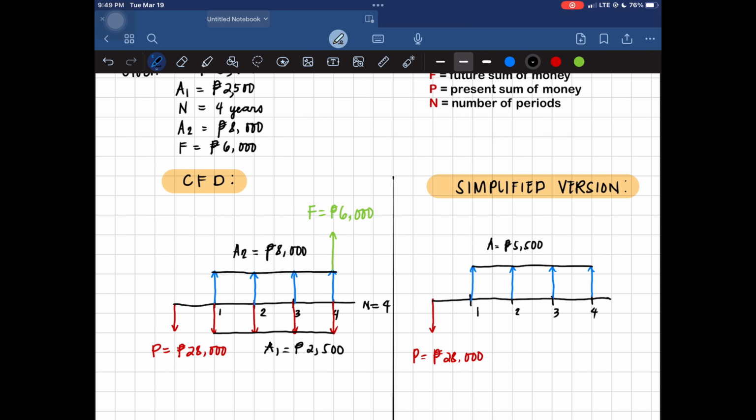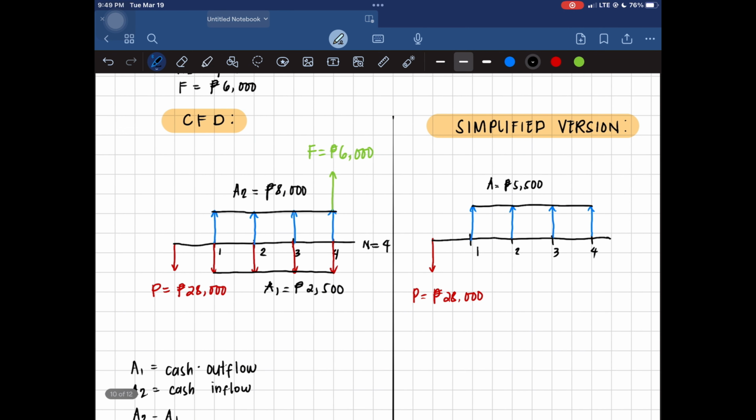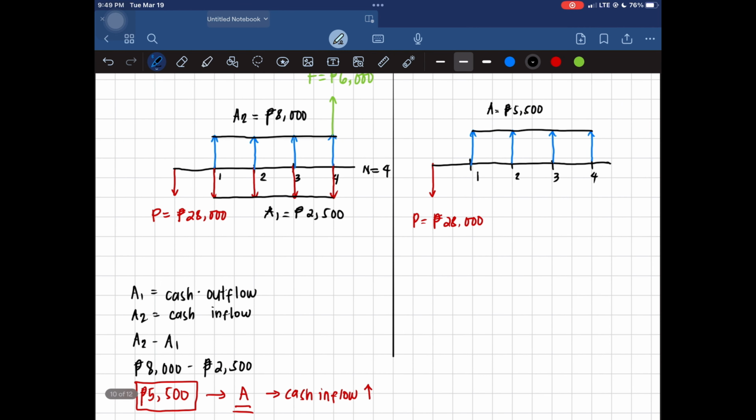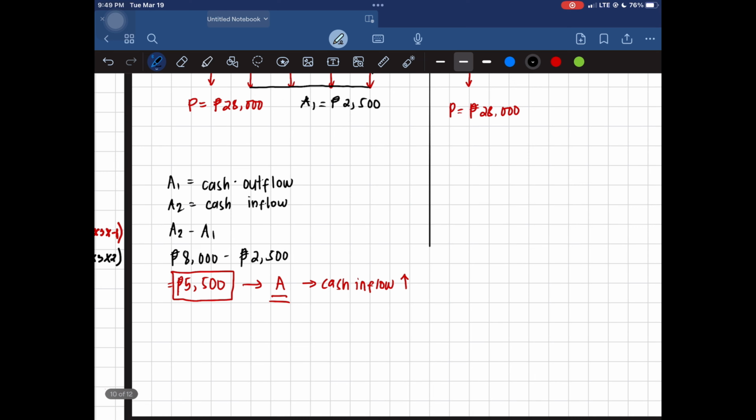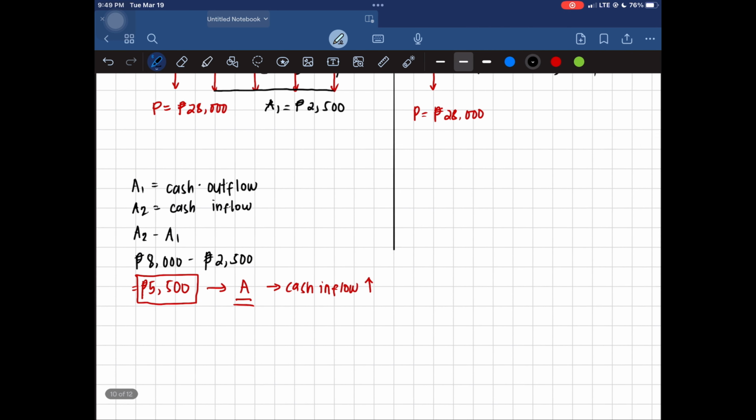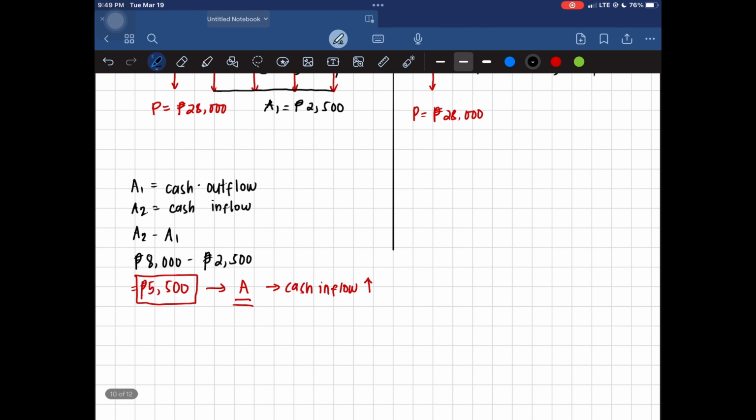So since we have a future value of 6,000 pesos and an annuity of 5,500 in the fourth year, then we need to add them together in order for us to come up with a simplified cash flow diagram. So we have F plus A. So the value of our F is 6,000 while A is 5,500.